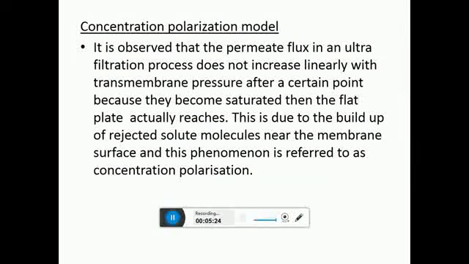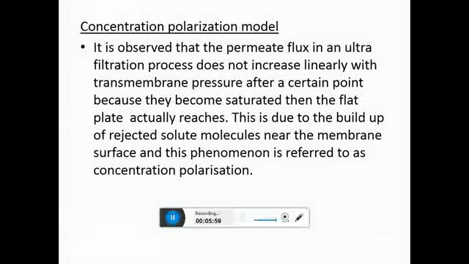Next is the concentration polarization model. Now what is concentration polarization? Just like in filtration, when we are operating the membrane, after a certain time of operation the rejected molecules build up on the membrane wall and lead to the formation of a layer. Because of this build up of rejected materials on the membrane surface, the permeate flux declines.